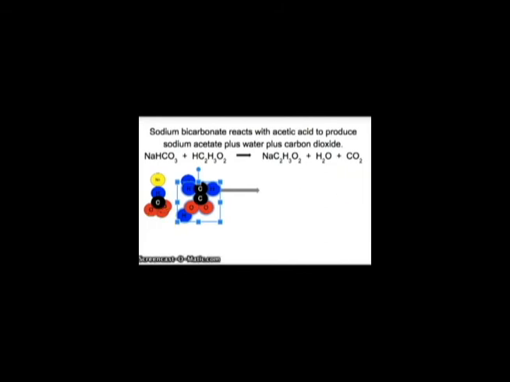And those are going to produce our sodium acetate, which means we need to have a sodium atom. Oops, I think we'll bring the acetate ion first. And then here comes the sodium atom. So we have sodium acetate. And then we'll have water, which will be another product. And the third product would be carbon dioxide gas. So here it is right there.